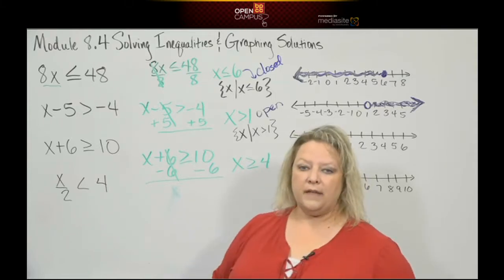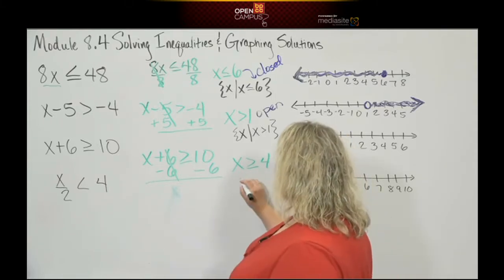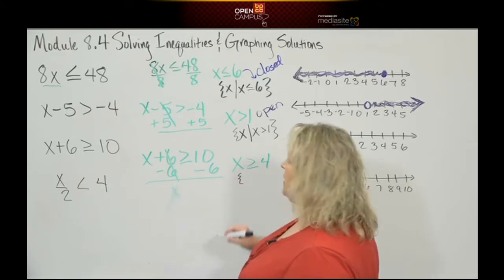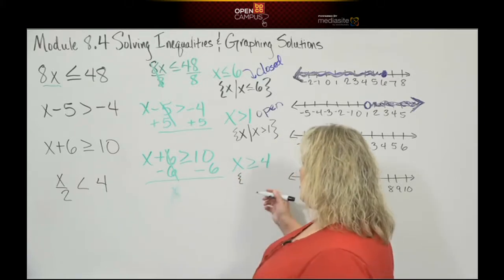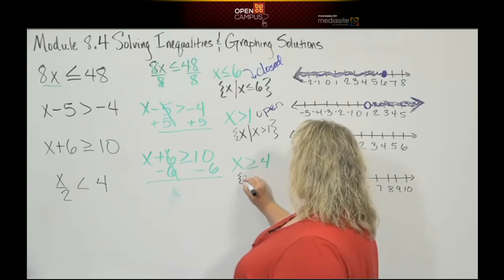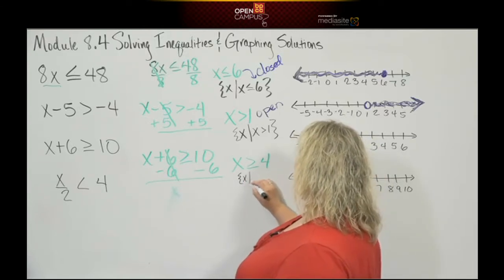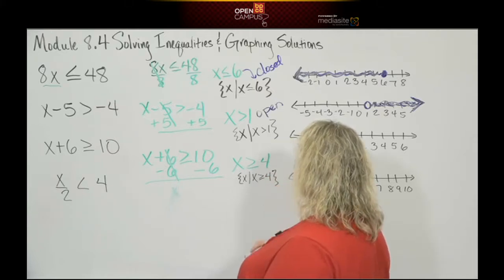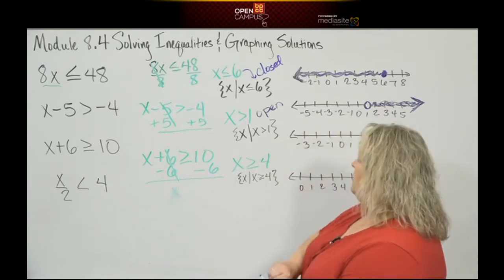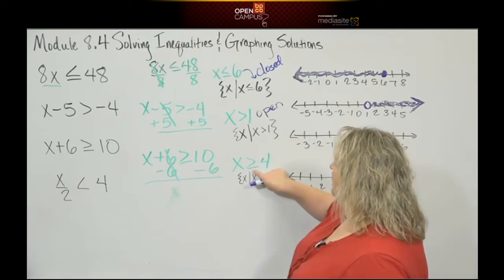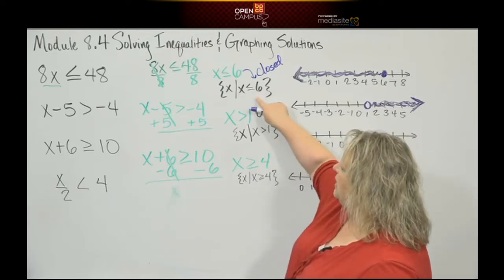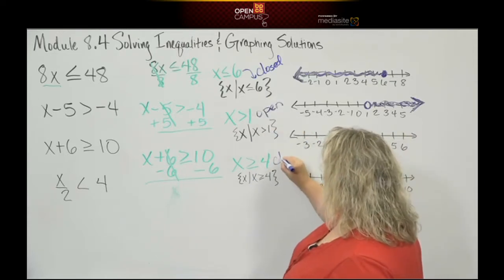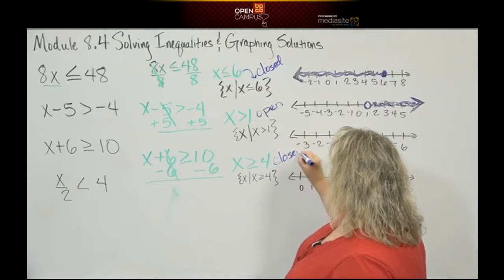So if I was going to write that in set builder notation, it would be squiggly. They call them braces. I call them squiggles. X for the set of all x such that x is greater than or equal to positive 4. And this is going to be, because it's got the equal to sign under it, it's just like the very first one that we did, so it's closed.